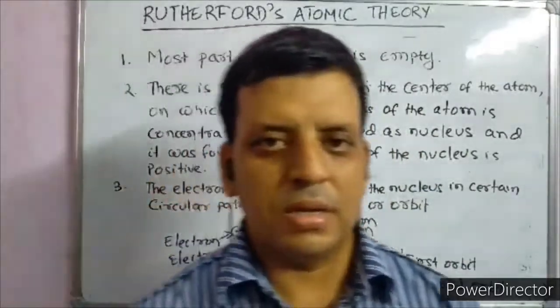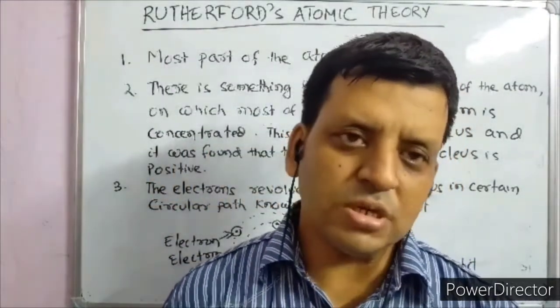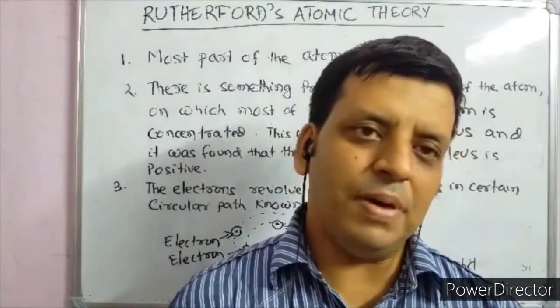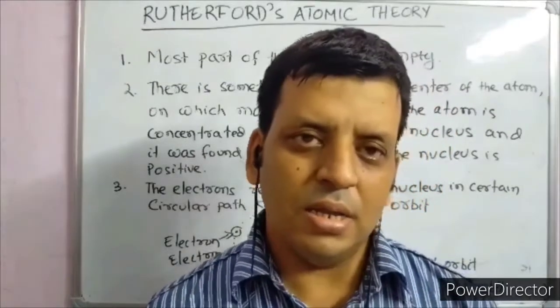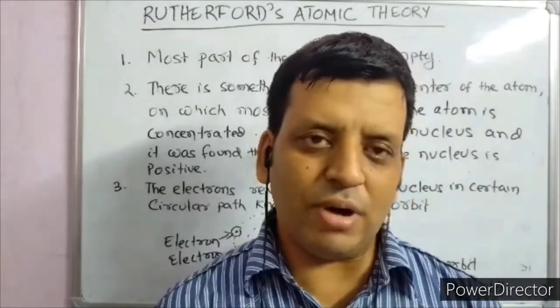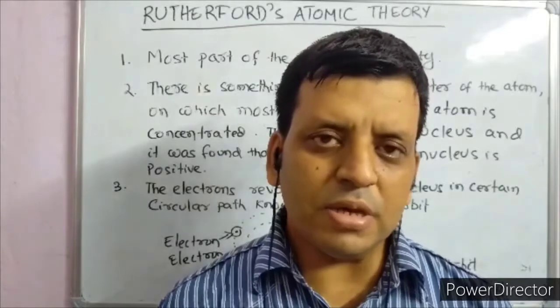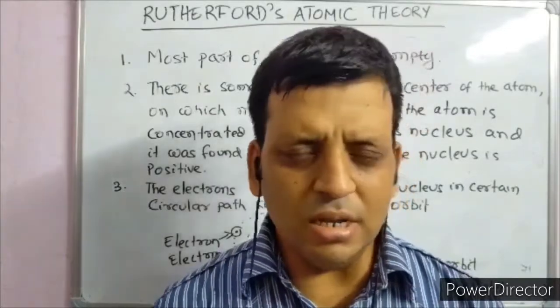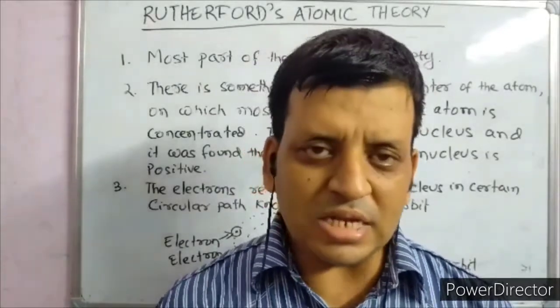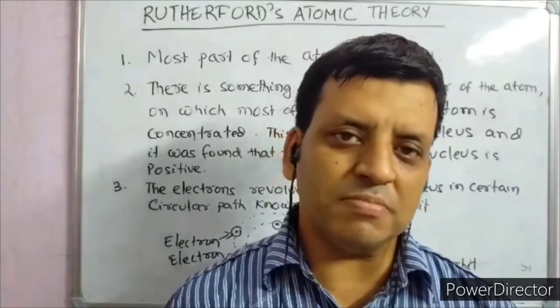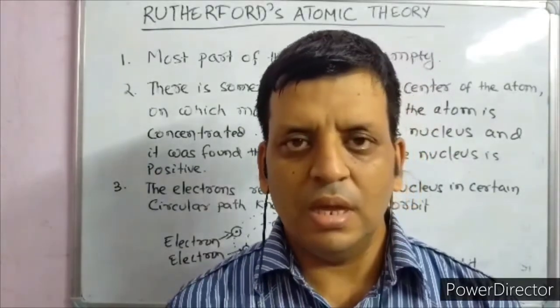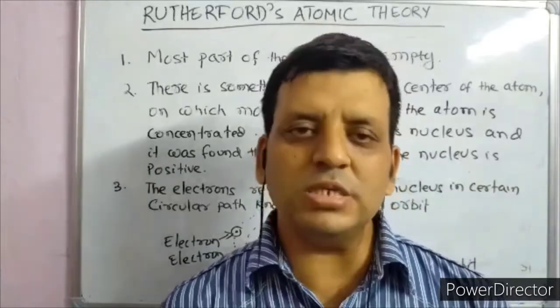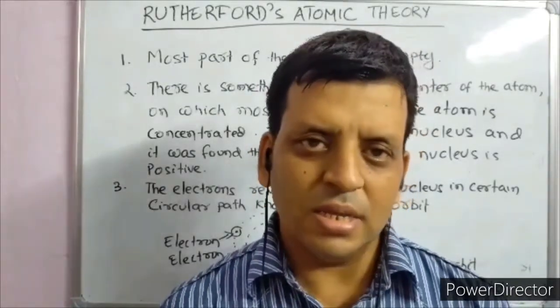The second one, we also saw that some of the alpha particles were diverted at an angle which is less than 1 degree, and some of the alpha particles also backscattered. So that indicates that there is the presence of something inside the atom on which most of the mass of the atom is concentrated.